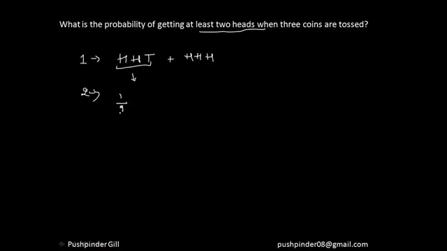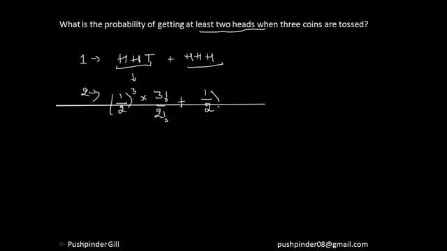The probability of the first case is 1 by 2 raised to the power 3 into 3 factorial by 2 factorial. 3 factorial because there are 3 variables, 2 factorial because H is repeating 2 times, plus, since again there are 3 variables, 1 by 2 raised to the power 3 into 3 factorial by 3 factorial, which counts up to 1, because H can arrange itself in only one way.